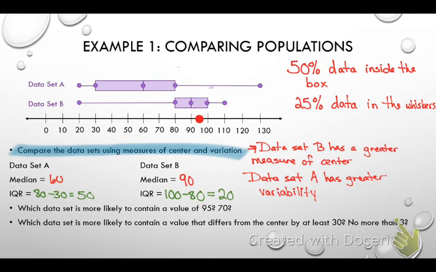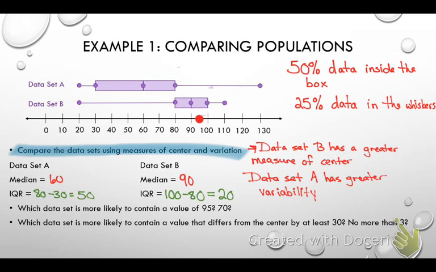So does everybody agree that if the value is 95, it's actually going to be out here in the whisker somewhere on data set A? And on B, where's it going to be? Inside the box. So because 95 is inside the box on B, I'm going to say that data set B has a greater chance of having a value of 95 because it's inside the box.